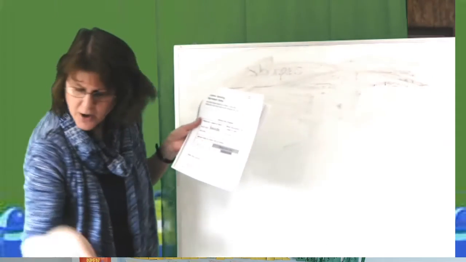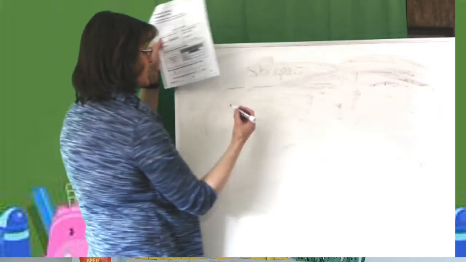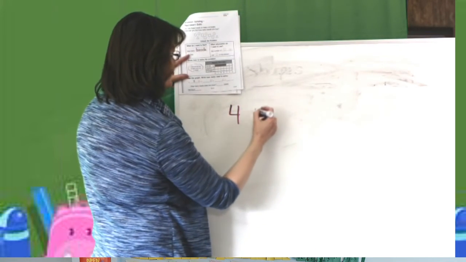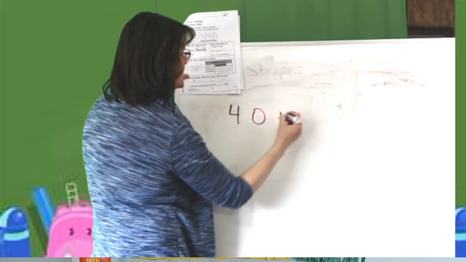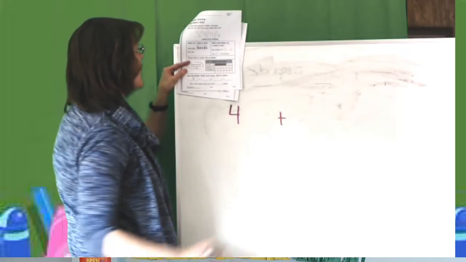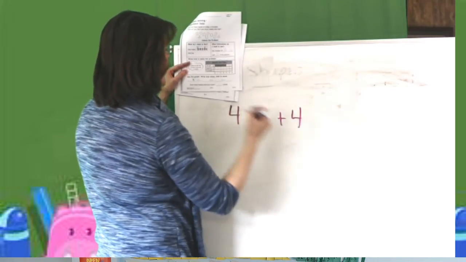Now we need to take all 3 numbers and add them together. So they did the first part for us. We have 4 that are circles, plus, and we won't write the word circle in there so we don't get confused. There are 4 squares that you would have colored in on your graph.